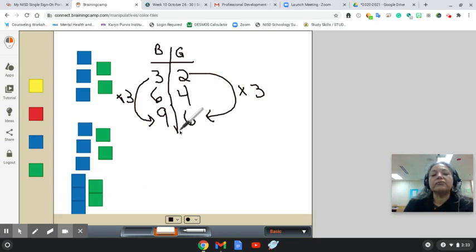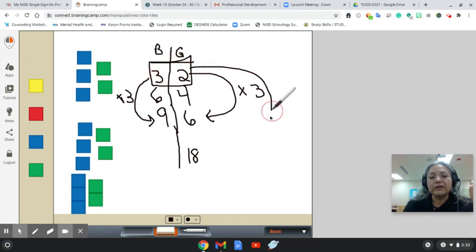Now, I'm going to want you to predict: if I have 18 green squares, how many blue squares will I have? So what you do is look at the scale factor. Since the original was 3 to 2, that's what we started with. We're going to go from 2 to 18. So 2 times what gives you 18?